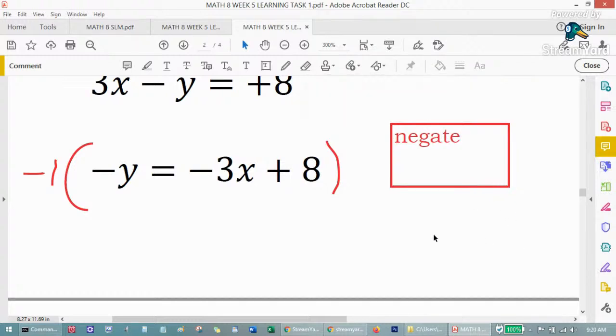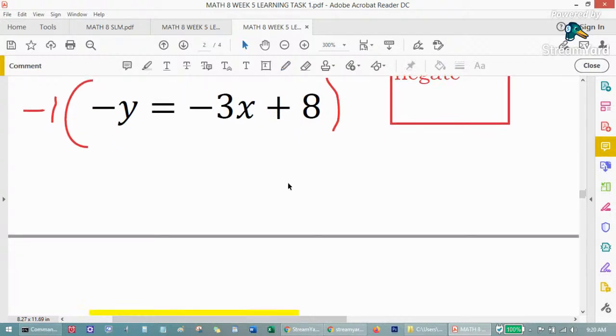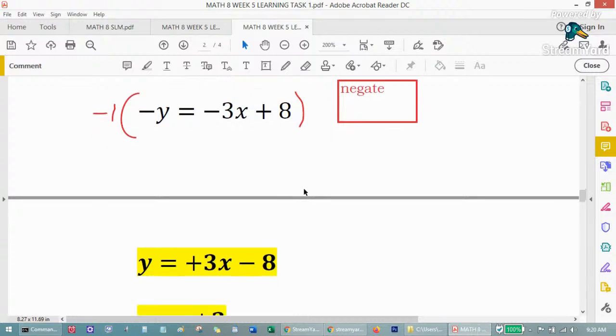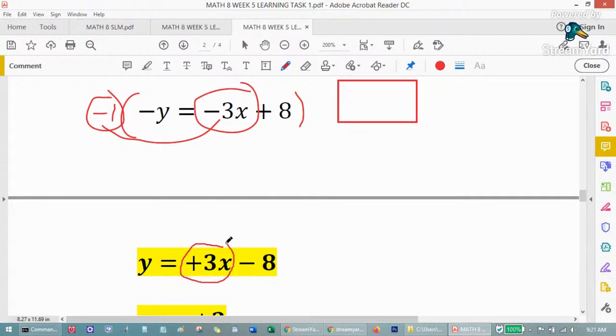Mag-negate, or yung mga sign nila ay magpalit. Okay, so ang mangyayari is 1 times negative is magiging positive na yung y equals negative 1 times negative 3x, magiging positive na yung 3x. Okay?